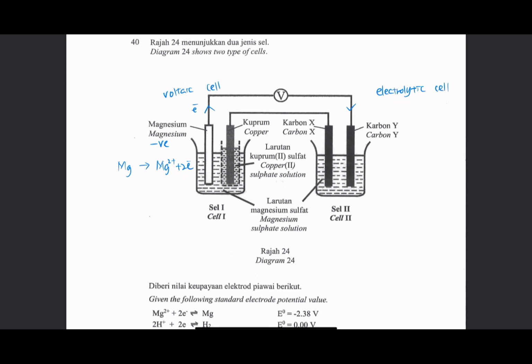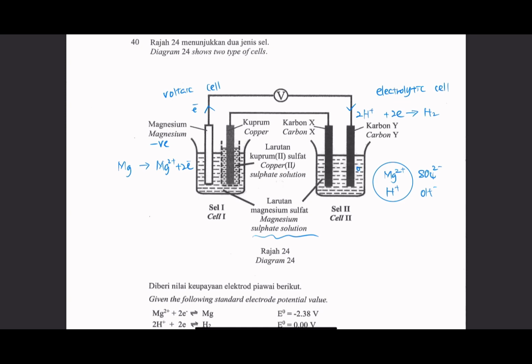We observe the electrolyte is magnesium sulfate. Because it's an aqueous solution, there are hydrogen ions and hydroxide ions. The hydrogen ion is less electropositive, so the hydrogen ion will be reduced.